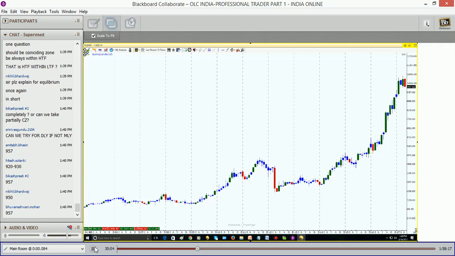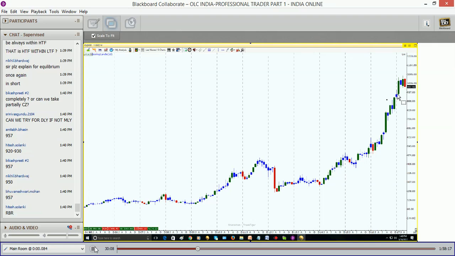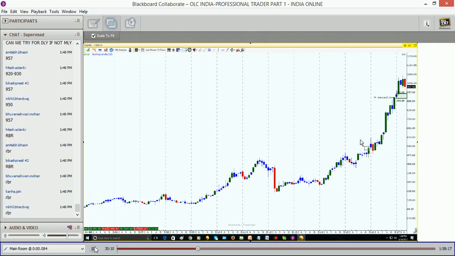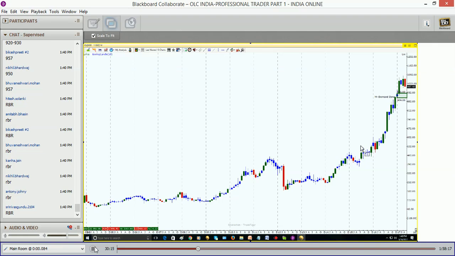What is the name of this pattern called? This is called a rally base rally. Fantastic. Do I have any overhead supply zone in this case? Absolutely not.